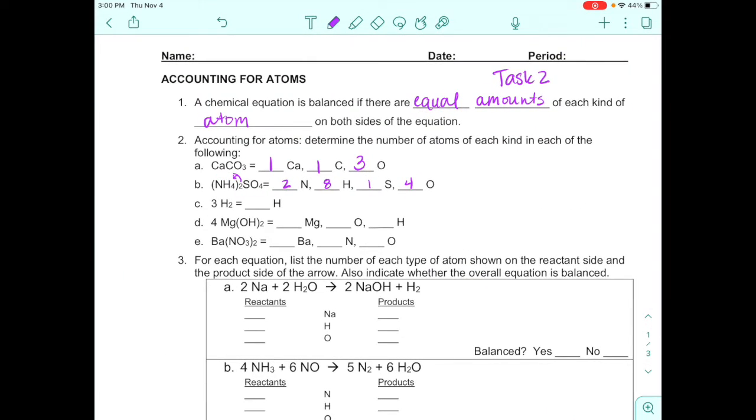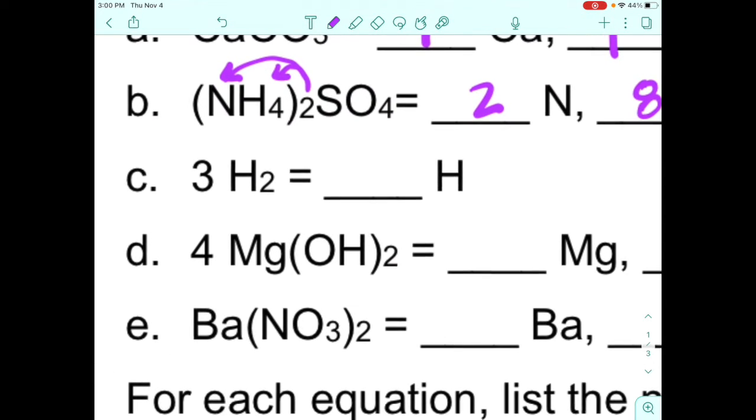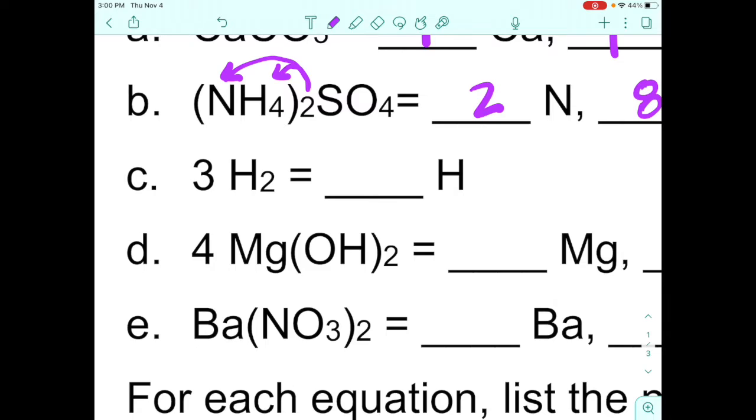Let me zoom back out there. Okay. And let me jump down to D. So D has a coefficient, and it also has parentheses and subscripts. So when you have a coefficient, the coefficient goes to everything that is in the formula.